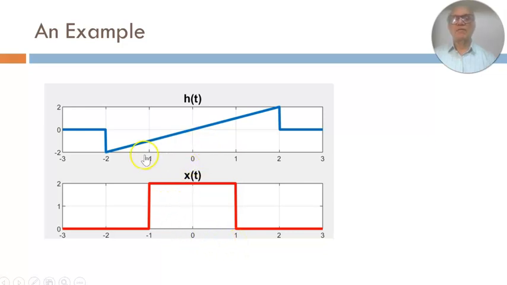Although our signals are really defined like this, that is, ht is a straight line from -2 to +2 and xt is a rectangular pulse from -1 to +1, it is convenient to plot both signals for the same time vector. In this case, we take a time vector which is a little longer. So although ht spans -2 to +2, we take -3 to +3, and we use the same time vector for xt.